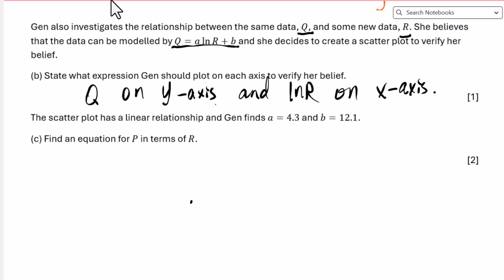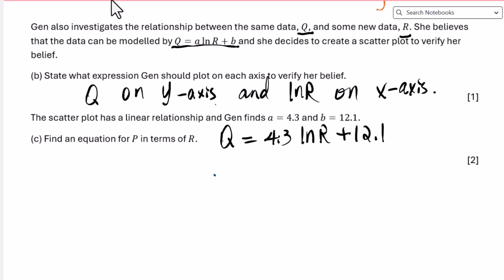The scatter plot has a linear relationship and Jane finds A equals 4.3 and B equals 12.1, which means Q equals 4.3 natural log of R plus 12.1. Find an equation for P in terms of R.